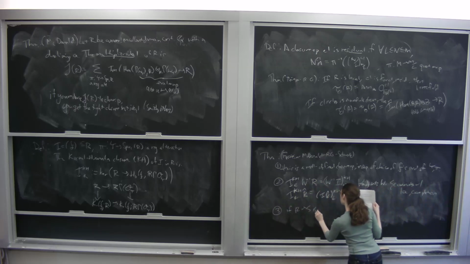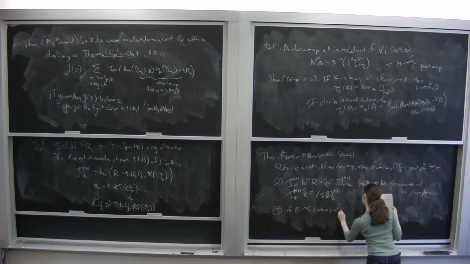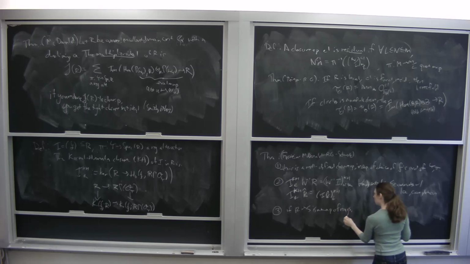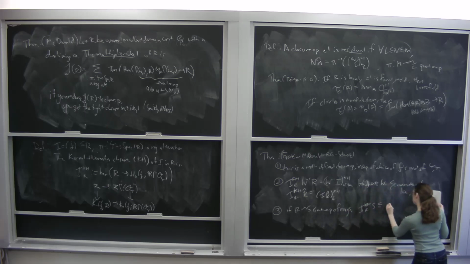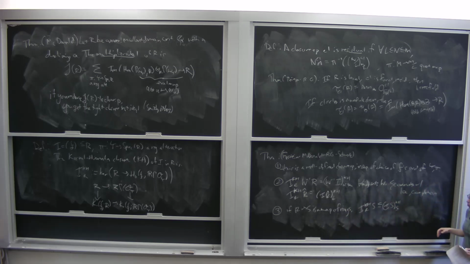So if R to S is a map of rings, and you take the Kazhdan-Hironaka closure of I in R and then extend up to S, it's contained in what you get if you extend the ideal first and then compute the closure. So if you want to work with change of rings kind of things, you can. This is called persistence.